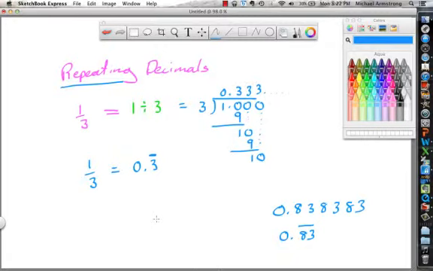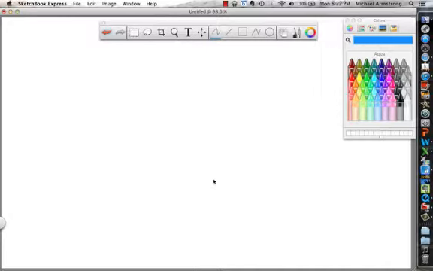But if my answer was 0.833333 forever and ever, I would have to write this as 0.83, and the bar would just be over the 3, because the 3 is the only part that's repeating, not the 8 and the 3. Does that make sense, the difference between this one and this one? I think it does. Okay, so we've got two methods to solve fractions. We can use division, or we can use a fraction factor.